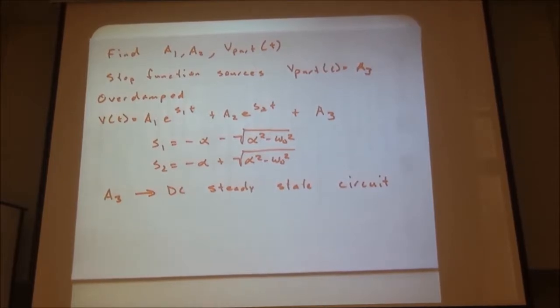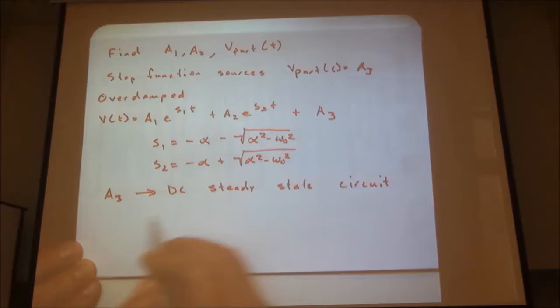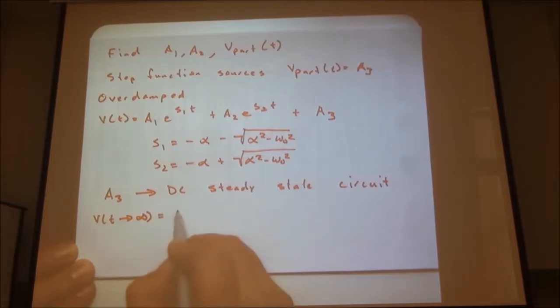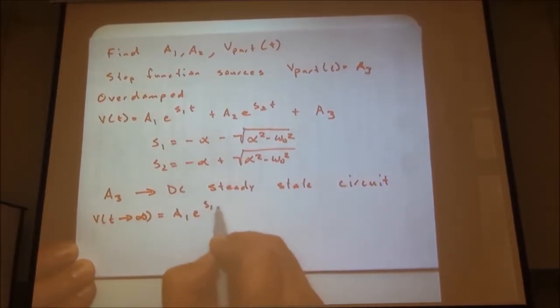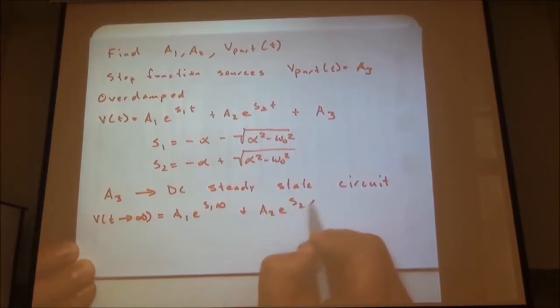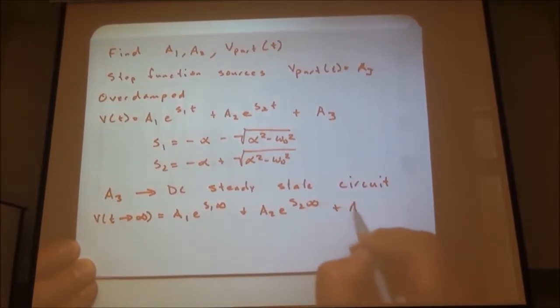And so, what about A1 and A2? And just to prove this, why does this work? Well, v of t as t goes to infinity equals A1 e to the s1 infinity plus A2 e to the s2 infinity plus A3.